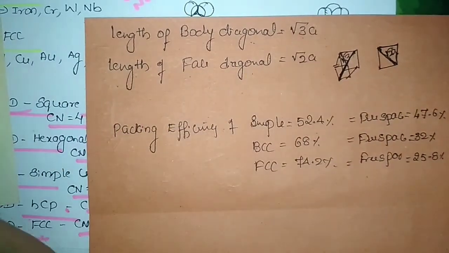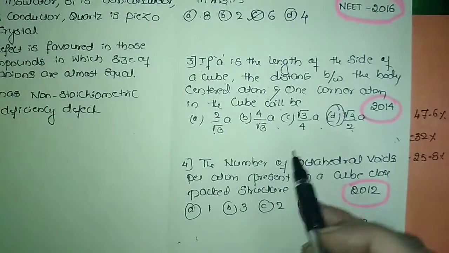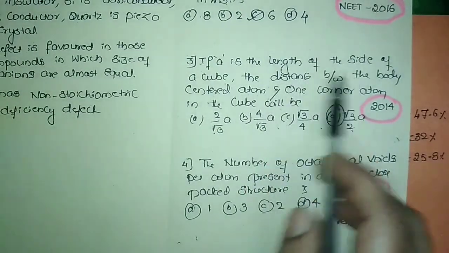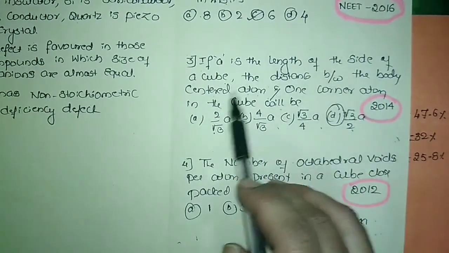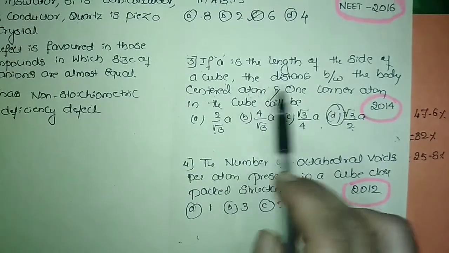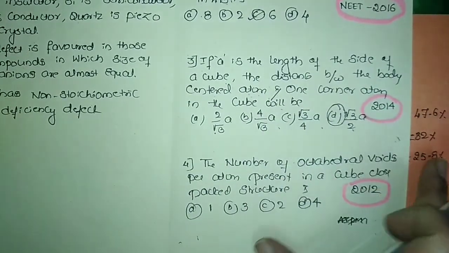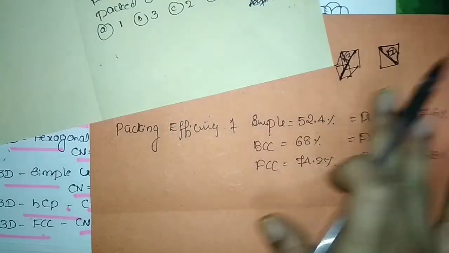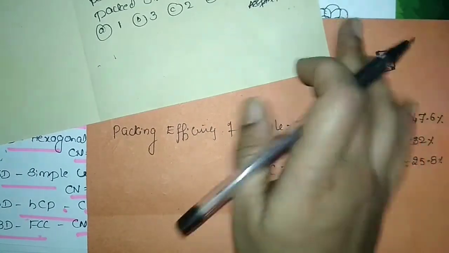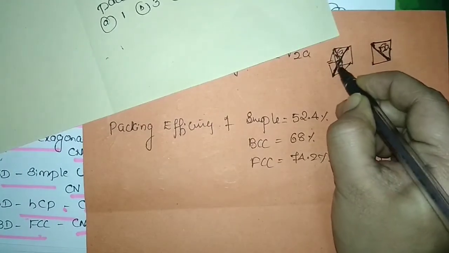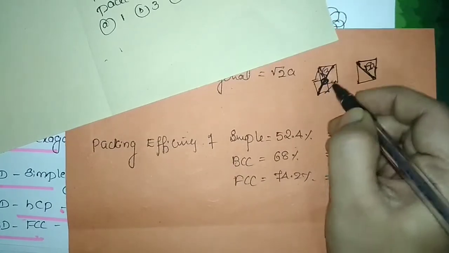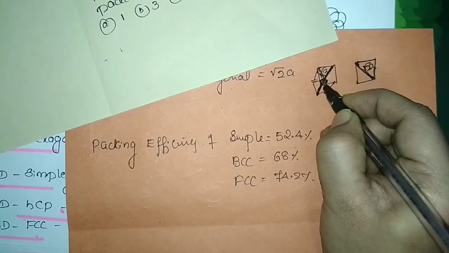Very important. Now the question they are asking is the distance between the body centered atom, the atom that is present here, and the one corner atom.